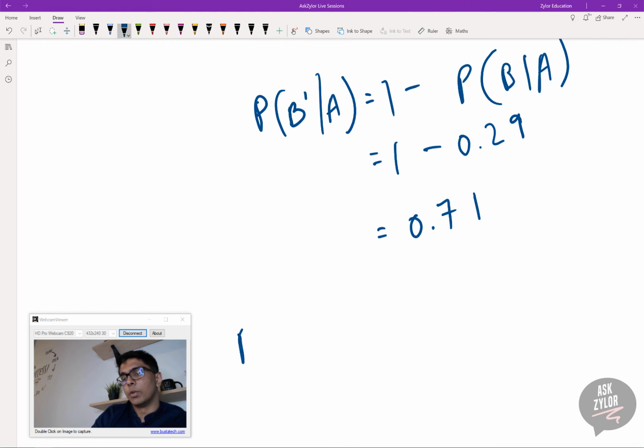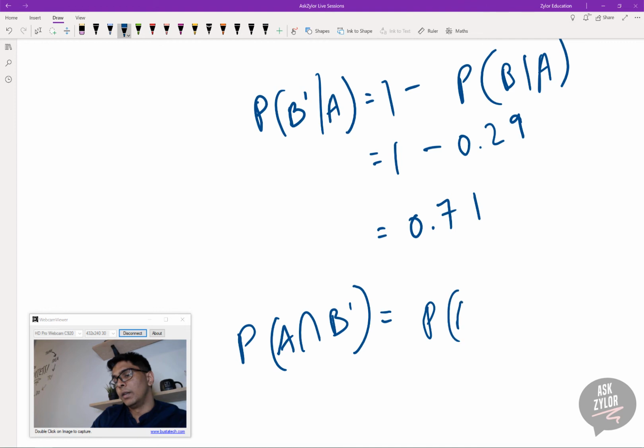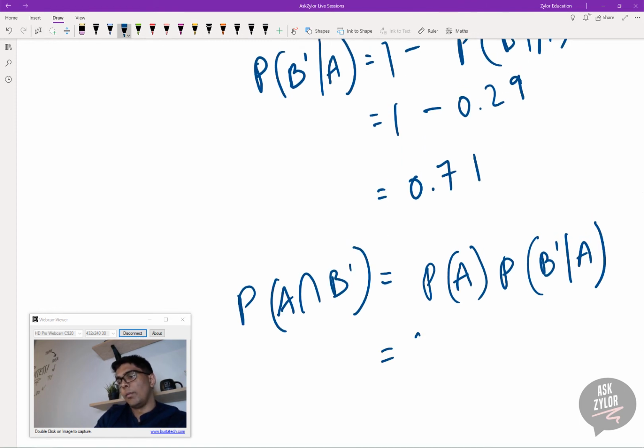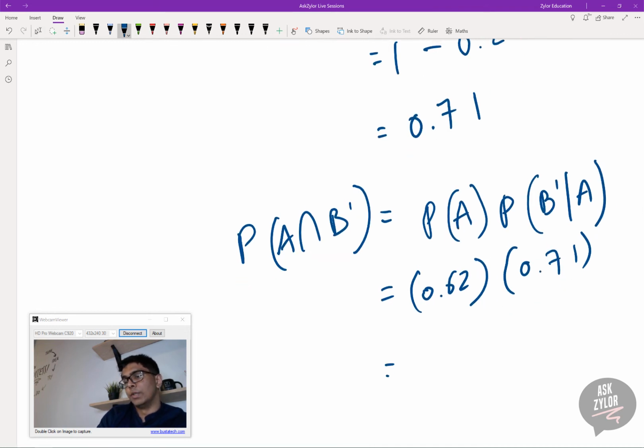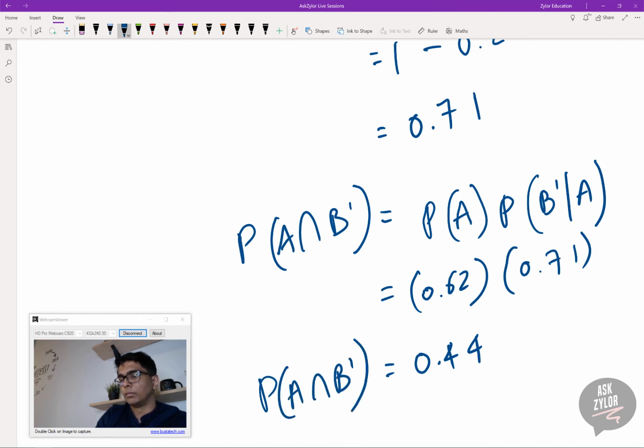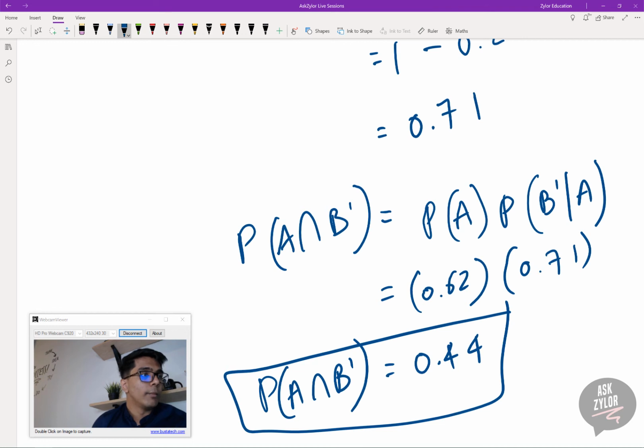And we need this because the probability of A and not B is going to be the probability of A multiplied by the probability of not B given A. So this is going to be 0.62 times 0.71, multiply them together, we should get 0.44. We're just manipulating the equations for the AND to find a relationship between them so we can find out the probability of A and not B.